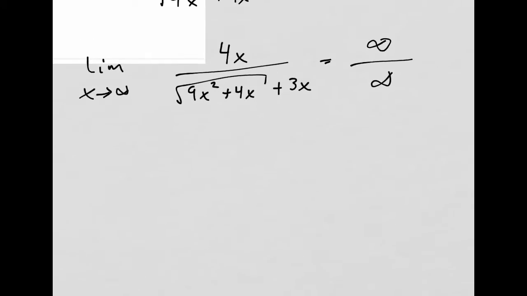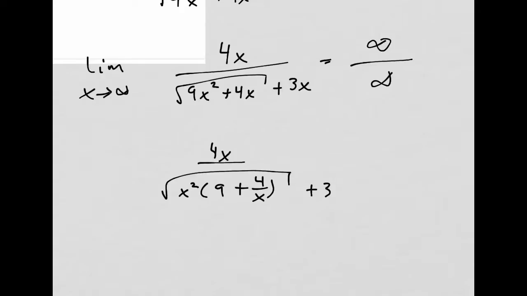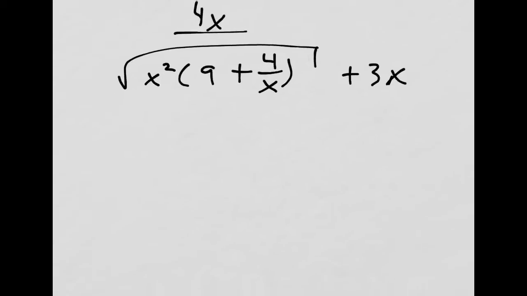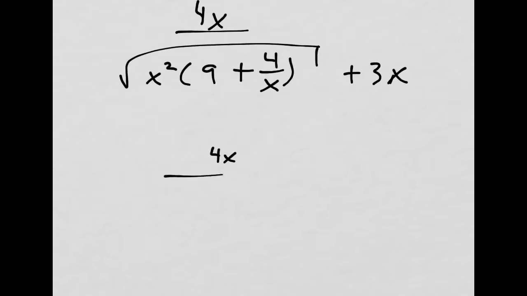So let's do this. We have 4x on top, and then I'll factor out an x squared on the bottom, and that becomes 9 plus 4 over x. And I guess I can write plus 3x. And then in my next step, I'll split up the radicals, because it's multiplication there, so that's okay.